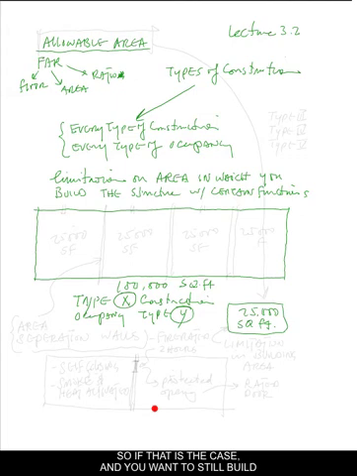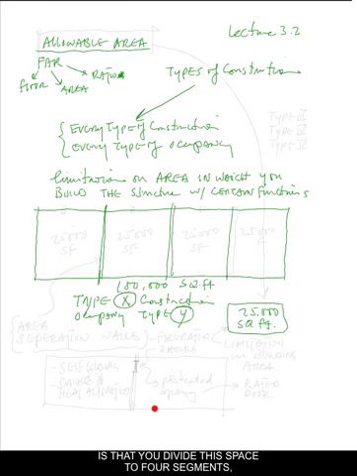So if that is the case, and you still want to build this 100,000 square feet, but you're allowed to have 25,000 square feet for this particular one, what you do is divide this space into 4 segments, each one 25,000 square feet.